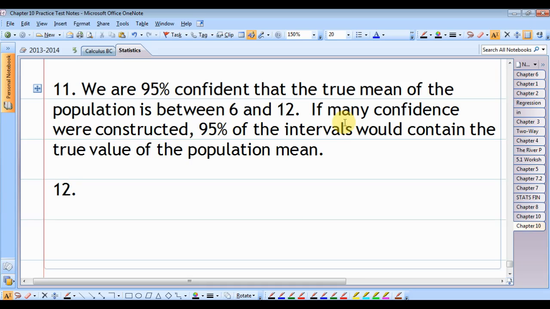The second sentence is more to the actual meaning of a confidence interval, and the first one links the confidence interval more to the context. But you're using confidence to define confidence interval, so it's a little strange. You don't necessarily want to do that.